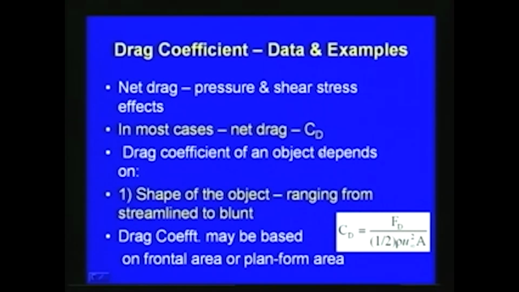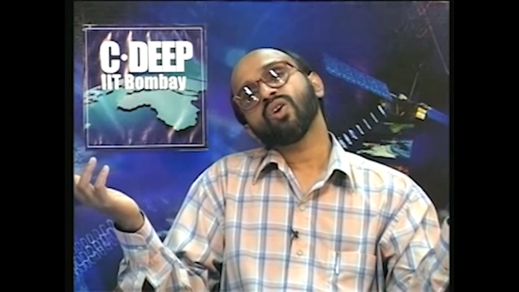The drag coefficient of an object depends upon various parameters. It depends on the shape of the object over which the flow takes place, or which orientation we put it in, even for the same body, and it depends upon the fluid flow parameters.